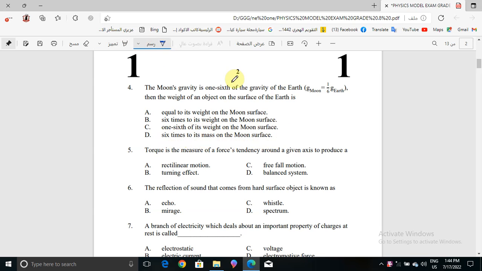Now here we have gravity of the moon is equal to 1/6 times the gravity of the earth, right?